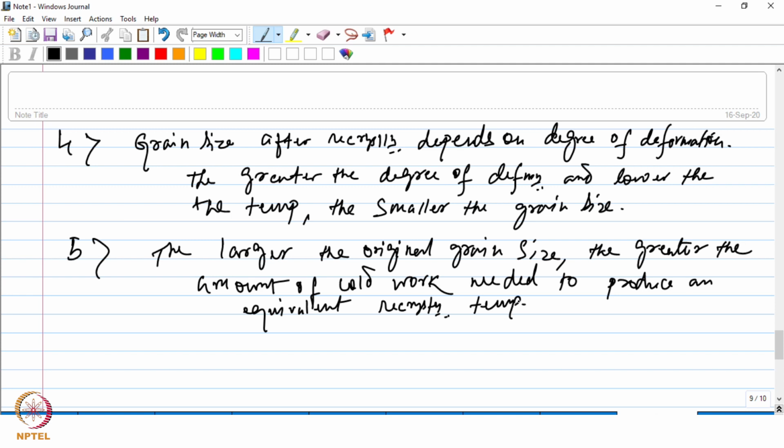The larger the original grain size, the greater the amount of cold work needed to produce an equivalent recrystallization temperature.